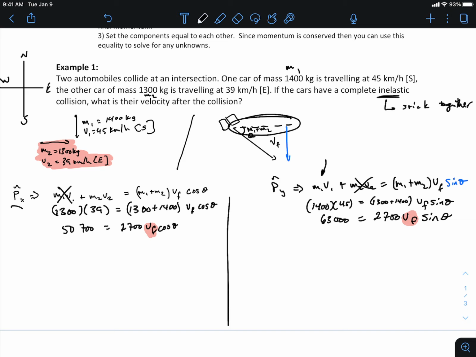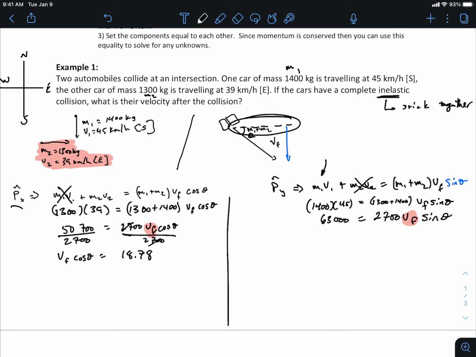In the x direction, I could divide both sides by 2,700, right? If I were to divide both sides by 2,700, these are going to cancel, and we're going to see VF cos theta is equal to, let's do the math, 50,700 divided by 2,700, 18.77, call it 18.78 if we round.